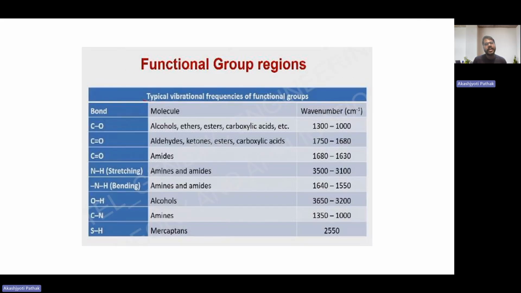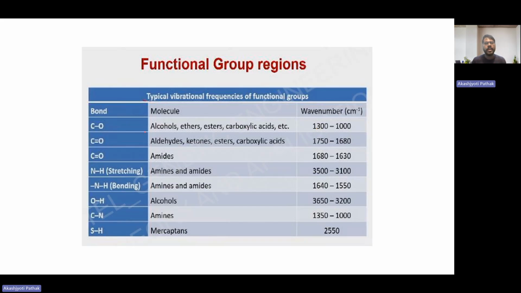As I was explaining, the functional group regions have different vibrational frequencies. Alcohols, ethers, esters, and carboxylic acids have a vibrational frequency in the range 1000 to 1300 per centimeter.